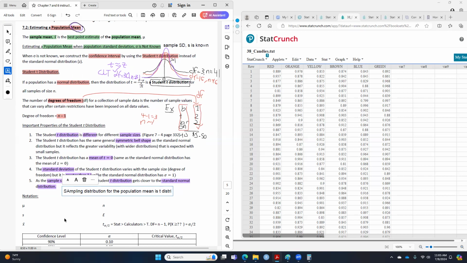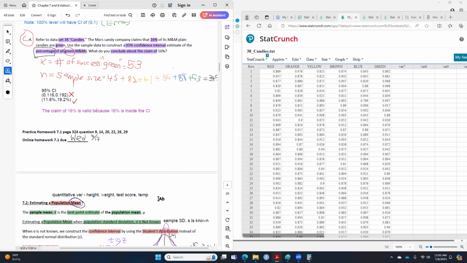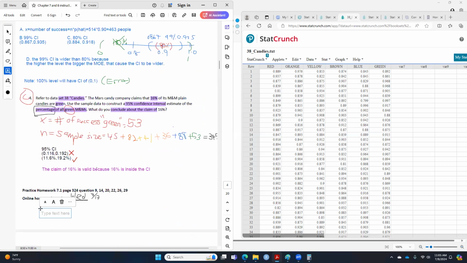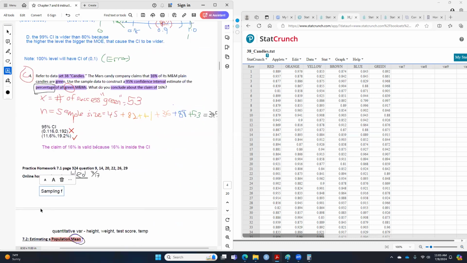However, the sampling distribution for the population proportion, we don't do mean here, proportion, is the Z distribution.